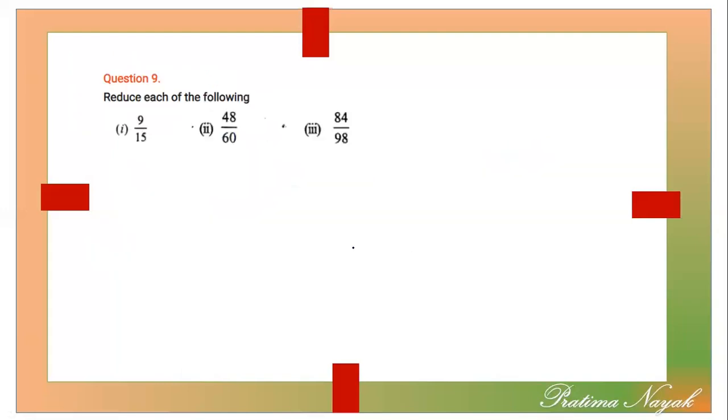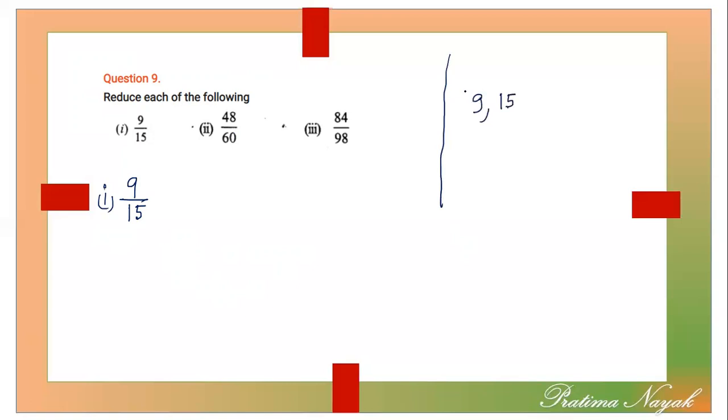Question number 9. Reduce each of the following. I hope now you can do it yourself. Reduce means we divide both numerator and denominator by the greatest common divisor. 9 by 15. Here first you find the common divisor. I am writing rough work here. 9 and 15.